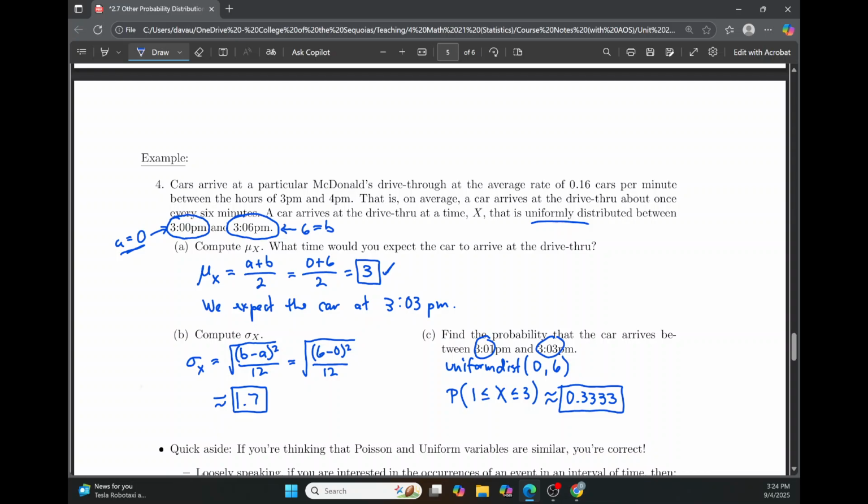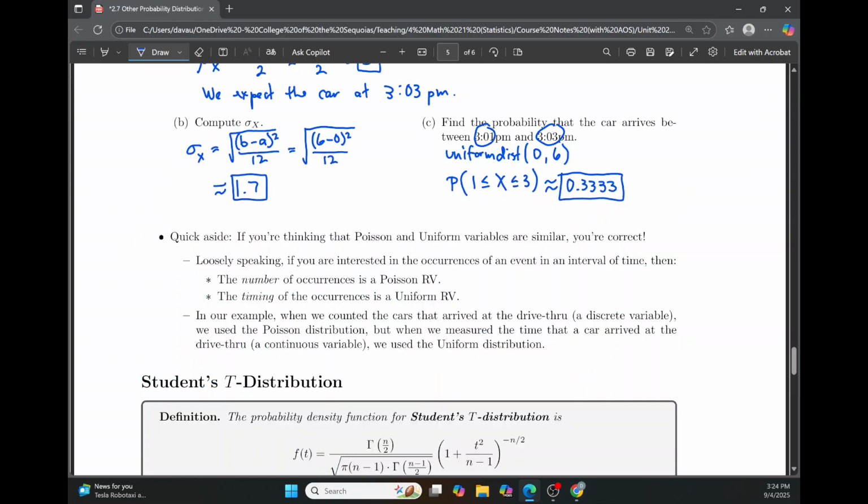Okay, so quick aside here, I said earlier that the uniform distribution was tied to the Poisson distribution in an interesting way, and so I just want to comment on that. If you're thinking that the last two examples were pretty similar, then you're absolutely right. They were very similar. Loosely speaking, here's how the Poisson and the uniform are connected. If you're interested in the occurrences of an event in an interval of time, then the number of occurrences is a Poisson variable, and the timing of those occurrences is a uniform variable.